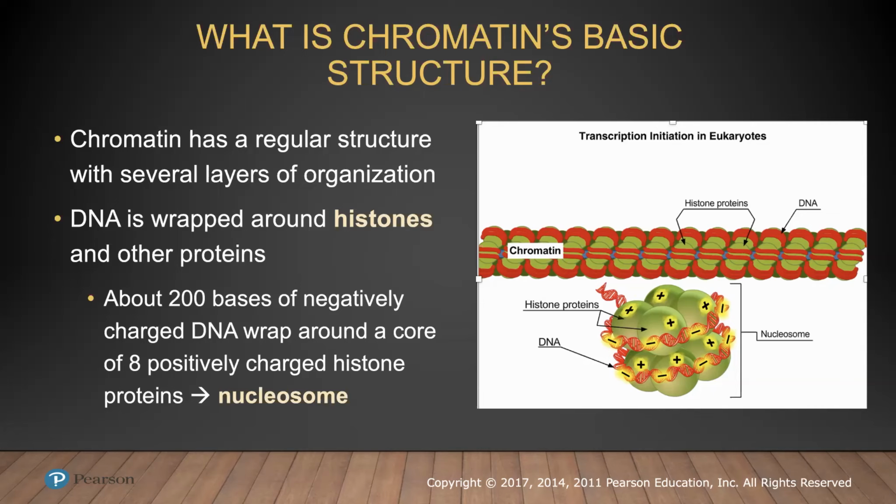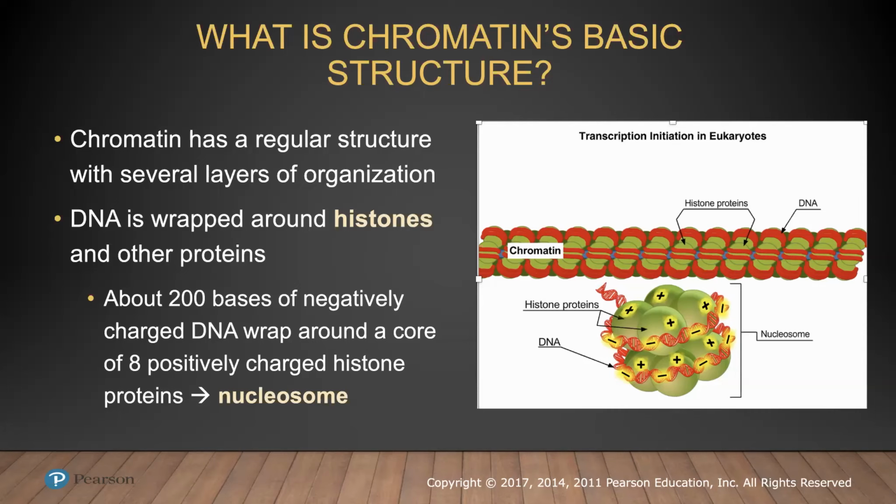So these histone proteins actually contain a lot of, I believe, cysteine and serine amino acids, which give it an overall positive charge. And so this allows the DNA, as you can see in the bottom picture, to wrap around these histones very tightly. And so this allows us to pack it really close together.